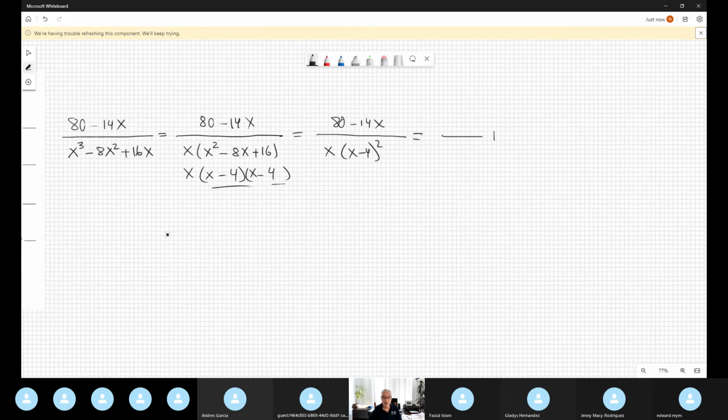Because we have 3: x, x minus 4 one time, and x minus 4 two times. It's the typical format of the partial fraction decomposition when you have multiplicity different from 1. I call them A, B, C. Everyone understand this format? If it's 3, it's 1, 2, 3.